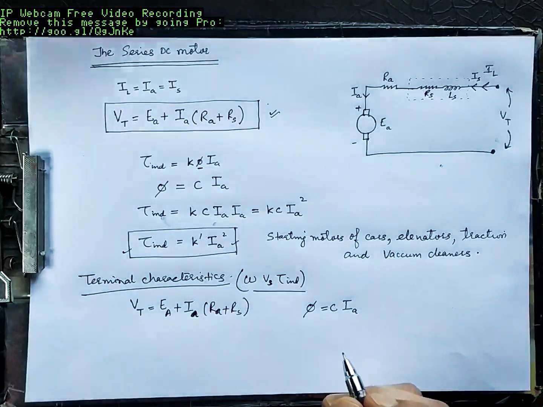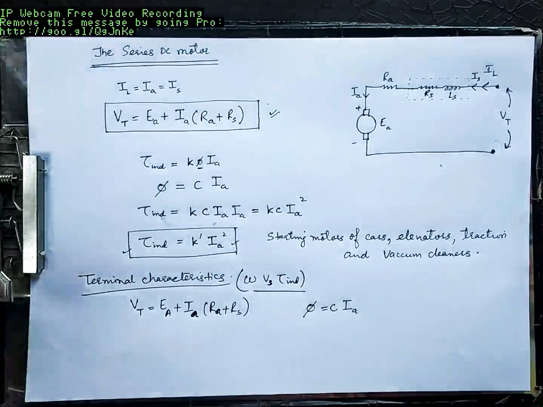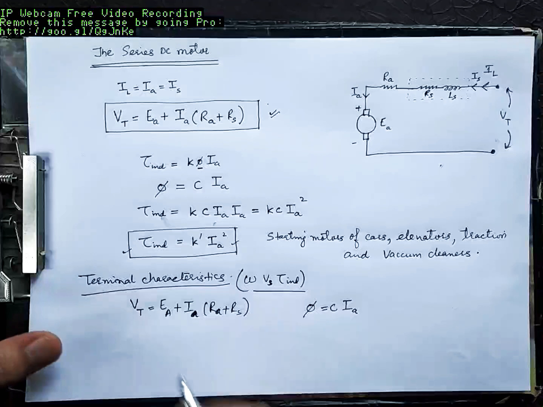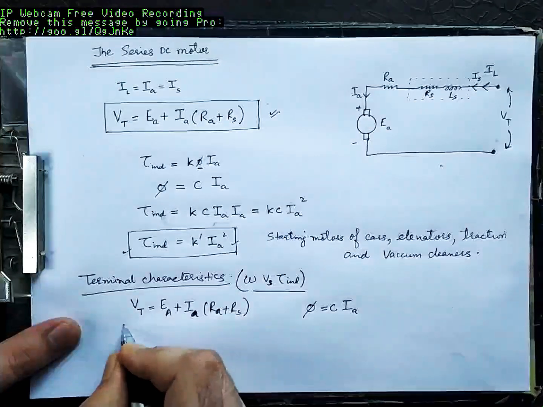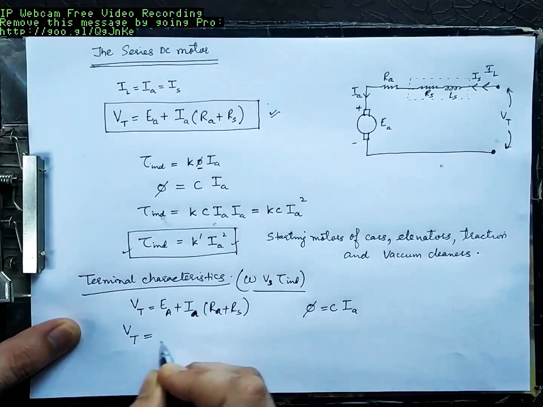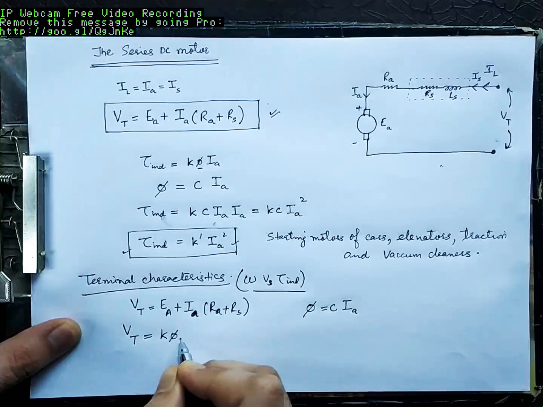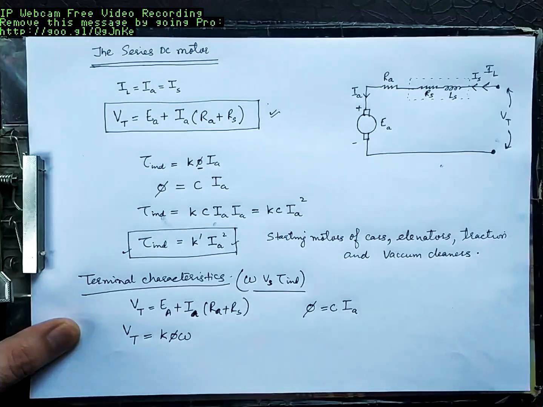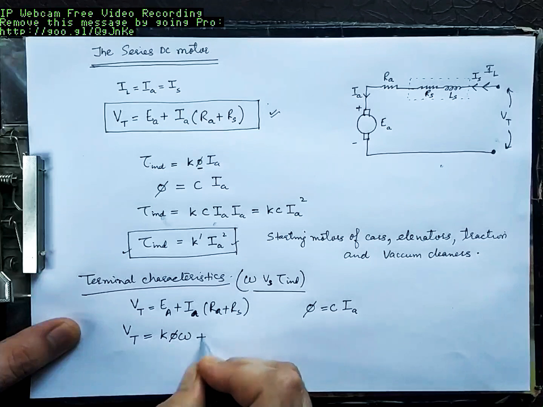If I substitute it here, I can write this as Vt is equal to EA, which is K phi omega, plus IA (RA plus RS).